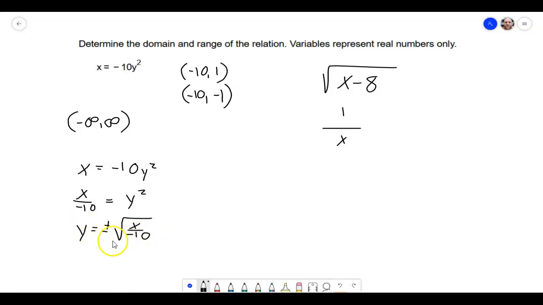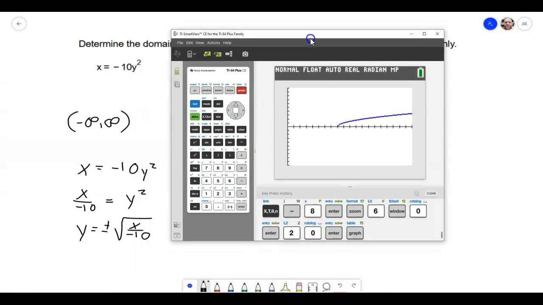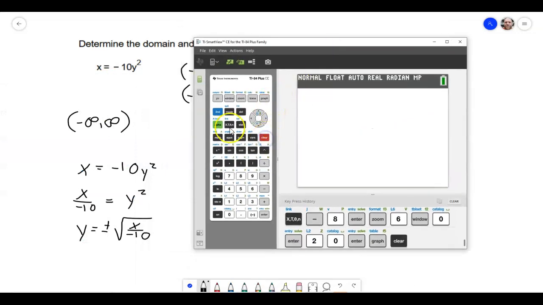And that means I really have two equations. I have the positive, y is equal to positive square root of x over negative 10, and I have y is equal to negative square root of x over negative 10. So let's go ahead and put both of those in our calculator and see what happens.